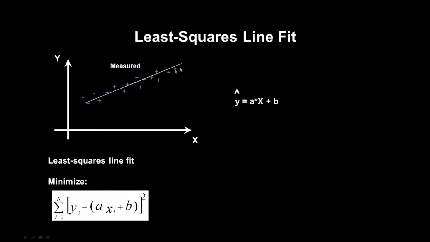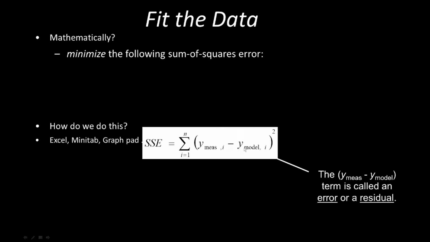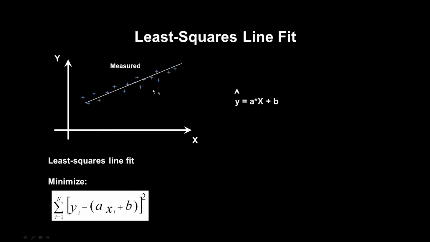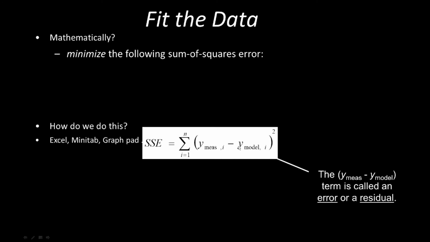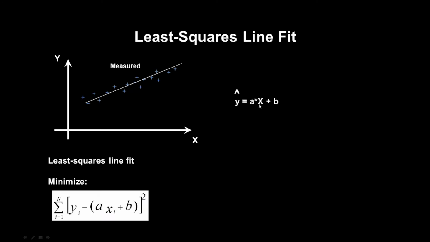It is called least square because you are trying to minimize the square here. If your model is Ax plus B, then you are trying to minimize: Y(I) is the prediction, Ax plus B is the model. You square the difference, take a summation, and try to minimize this.